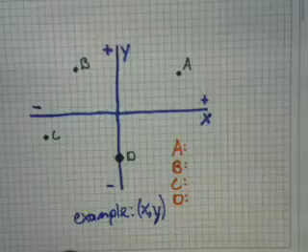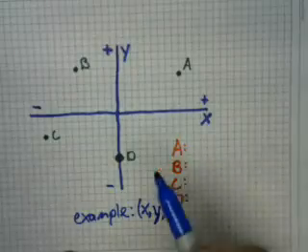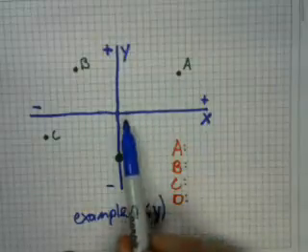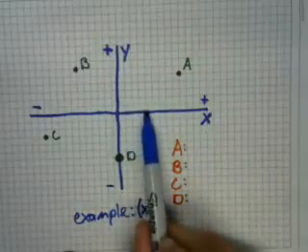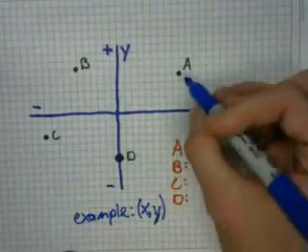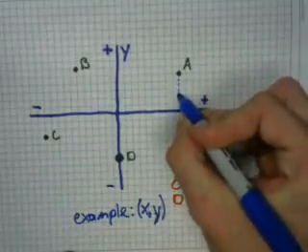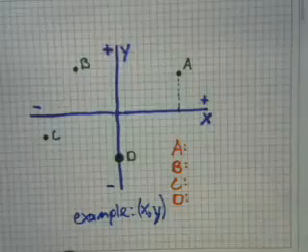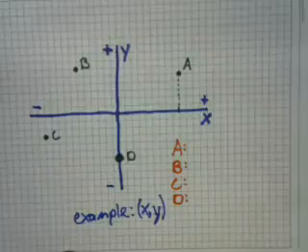So here if I want to find the coordinate, the ordered pair for the point A, I'm actually going to count out to A. So I'm going to go 1, 2, 3, 4, 5, 6, 7, 8, 9. If I draw a dotted line, that hits the 9 on the x-axis. I know it's a little hard to count probably in this video, but you can stop and count along if you like.